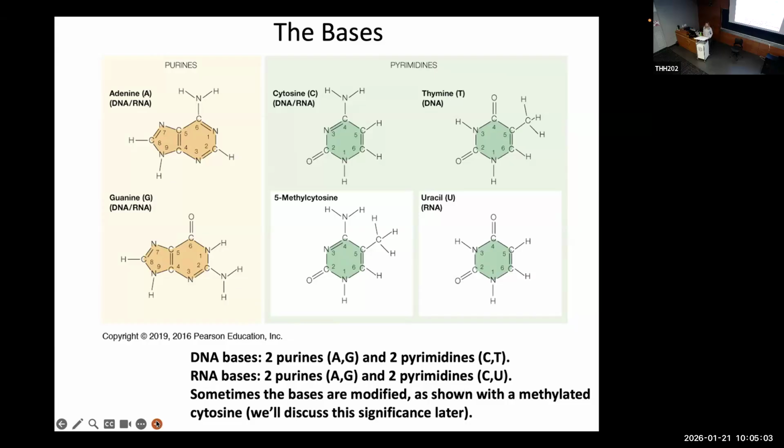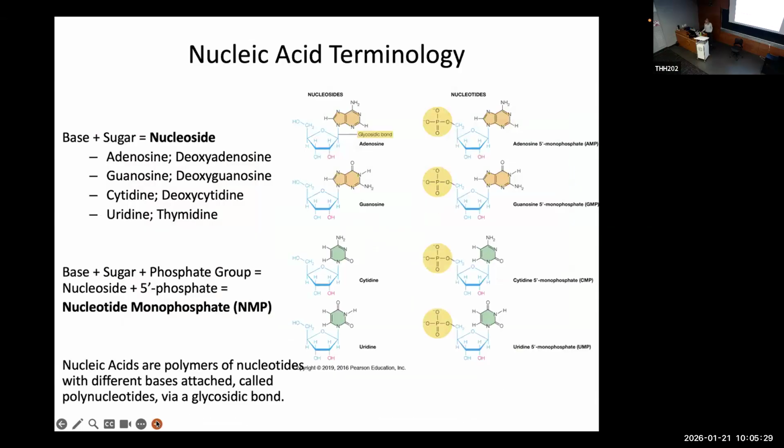Yeah, those are hydrogen bonds. So the hydrogen bonds we talked about. C's and G's are able to form 3 hydrogen bonds between them, and A's and T's can form 2 hydrogen bonds. And that affects the chemistry of CG and AT base pairs. C and G base pairs are harder to melt apart than A's and T's. So we'll talk about that later as well.